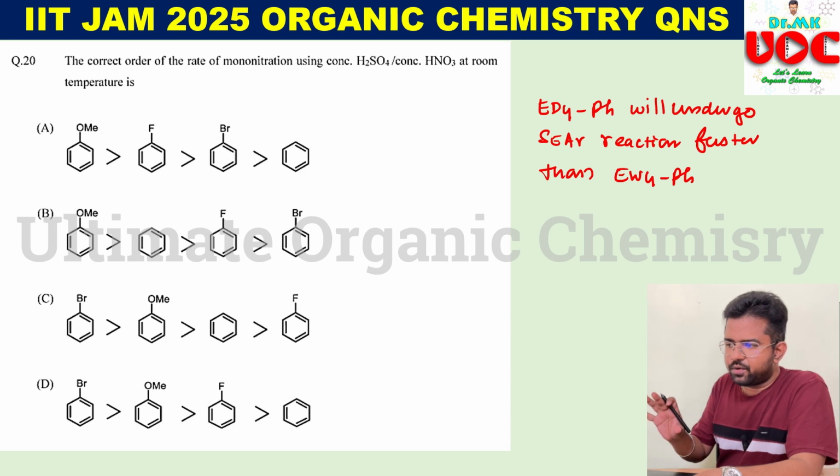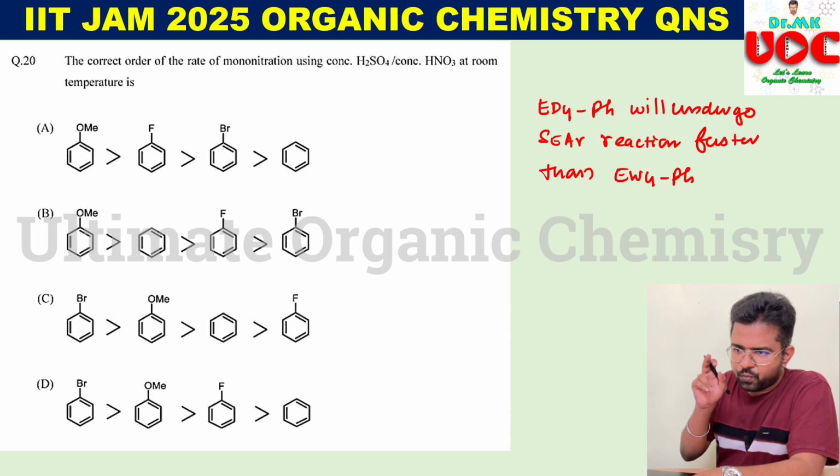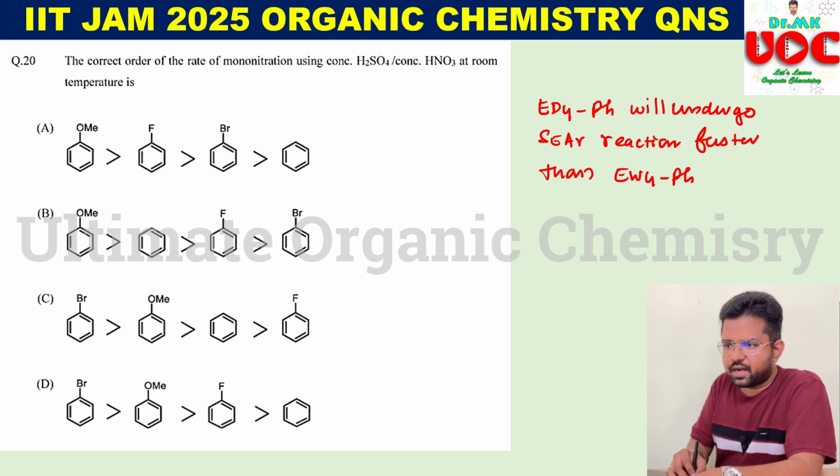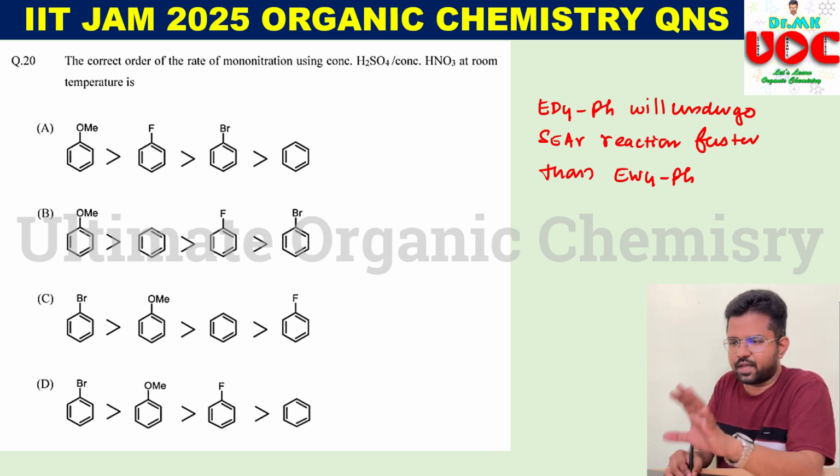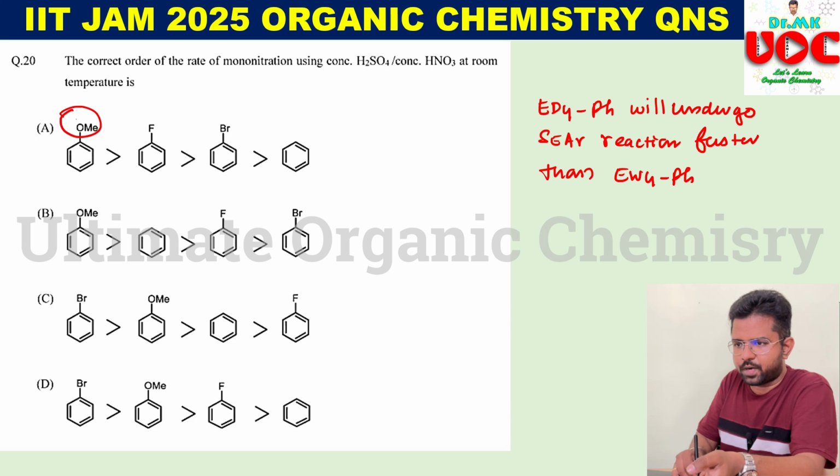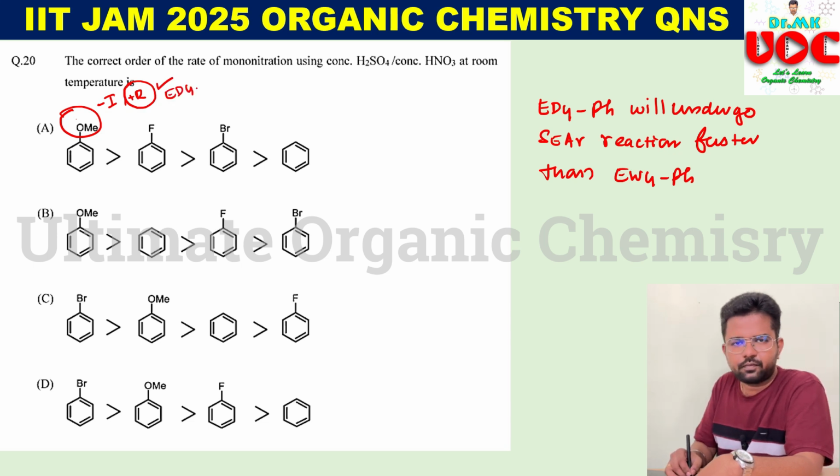If you look at this rule and apply it to these options, let us take any one of the options. In the first case, this is known as anisole, the methoxy group having two properties, that is, it is having minus I and plus R. Among these two effects, the plus R effect will be dominating, and it is considered to be an electron donating group.